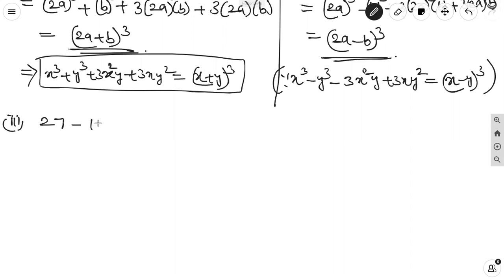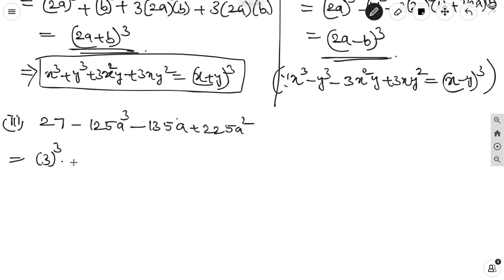Third one: 27 minus 125a cube minus 135a plus 225a square. Here we know that 27, as already discussed, is 3 cube.